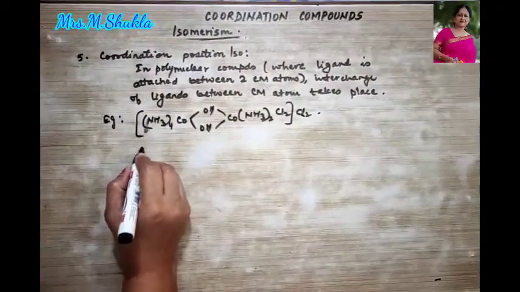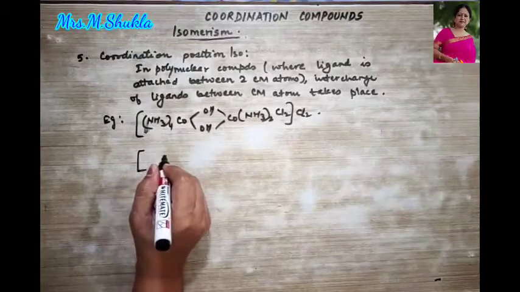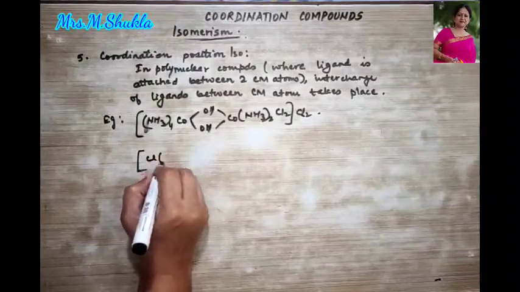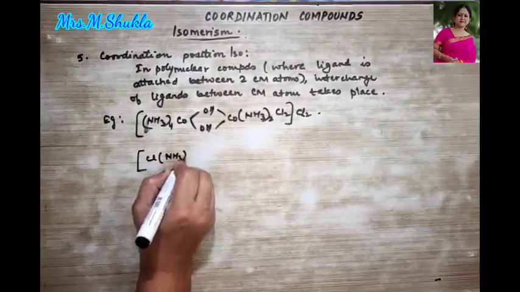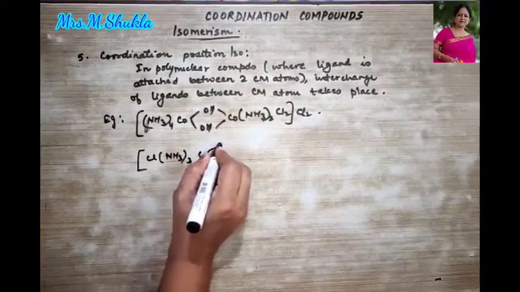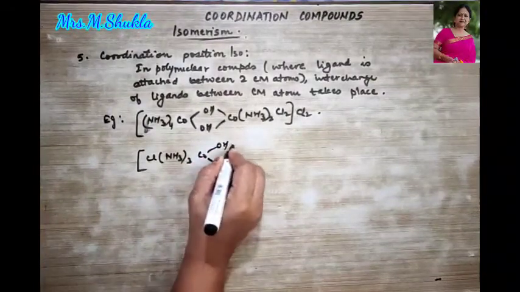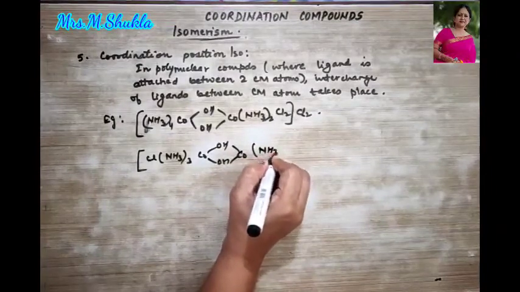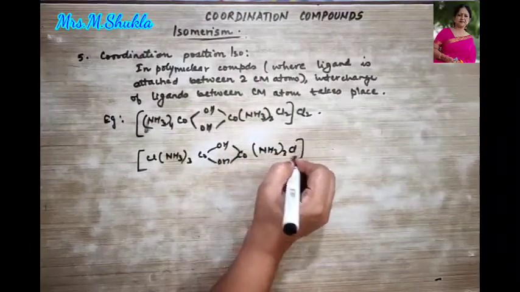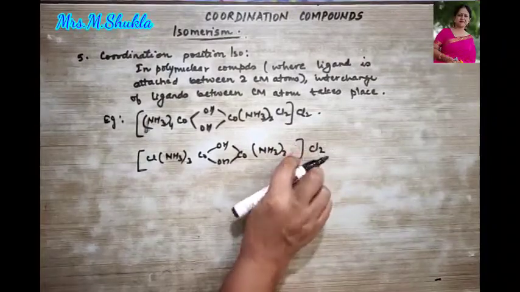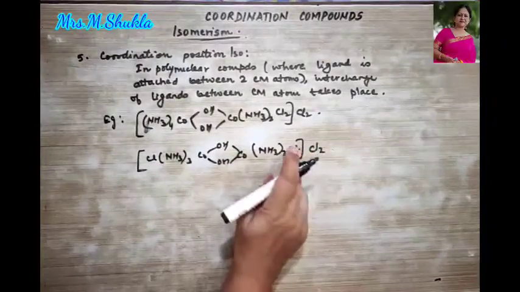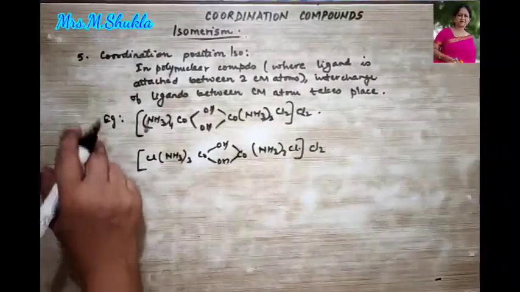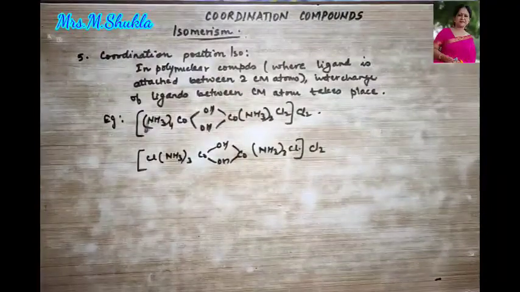Another compound could be like Cl(NH3)3Co(OH)2Co(NH3)3Cl Cl2. So this could be another compound. So these are examples of the coordination position isomerism.